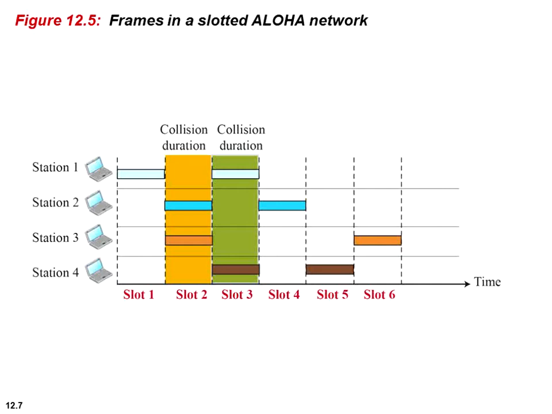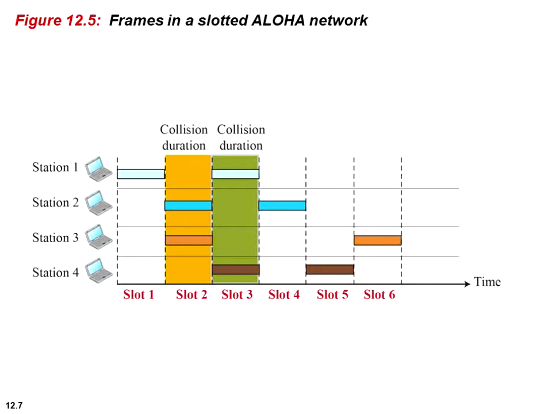Now here we will see frames in a slotted ALOHA network. We know that pure ALOHA has a vulnerable time of 2 into TFR. This is so because there is no rule that defines when the station can send. So a station may send soon after another station has started or just before another station has finished.